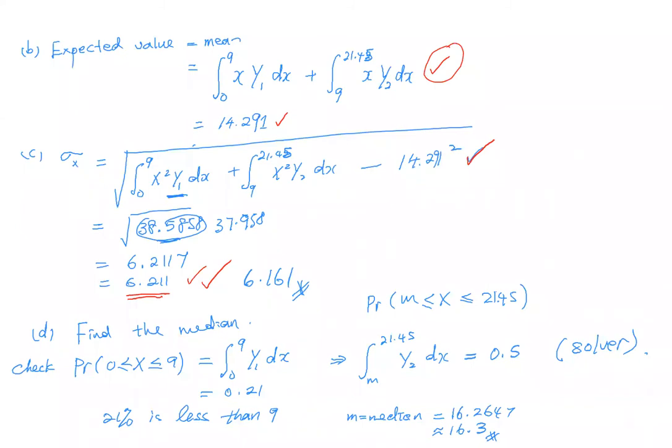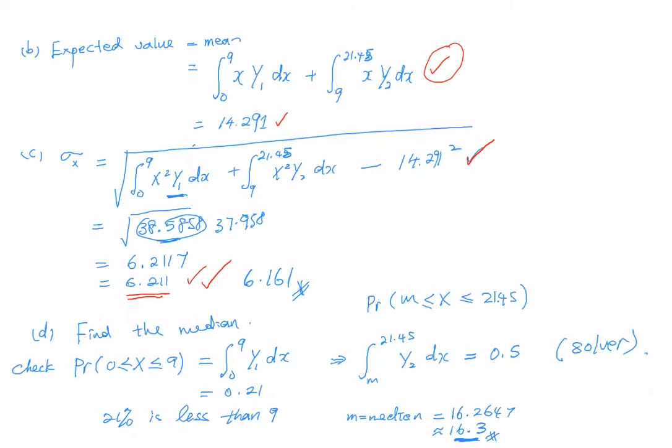Anyone have the issue of getting this? So using solver is a must, okay? Anyone in this class, you have problem with your solver? You better ask now. Okay. So I'm very glad you said no issue.